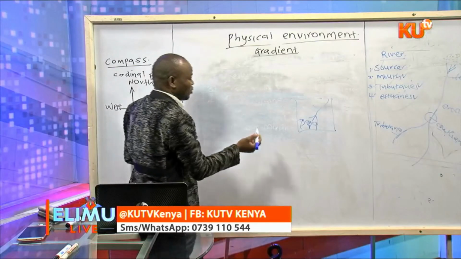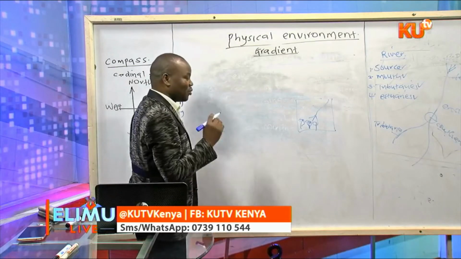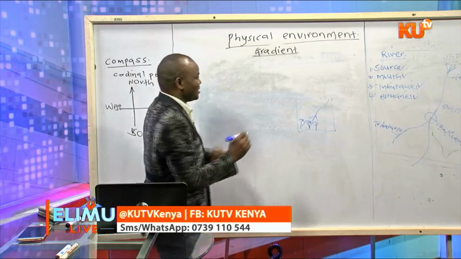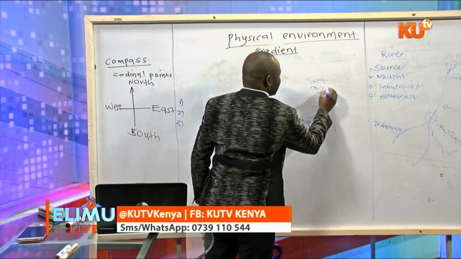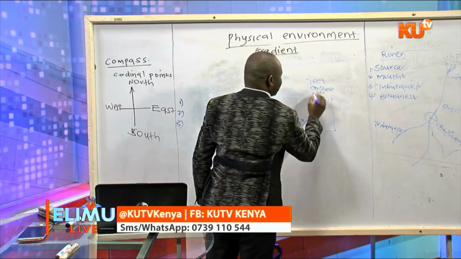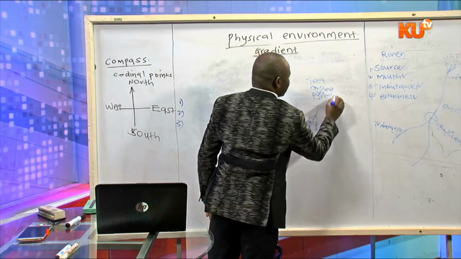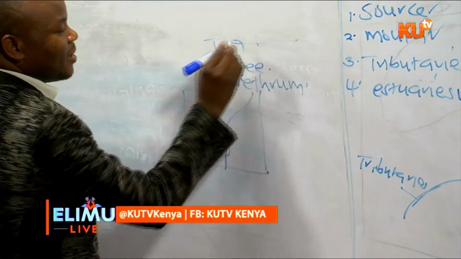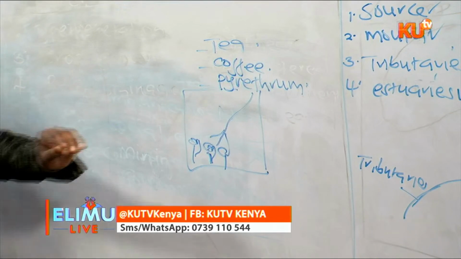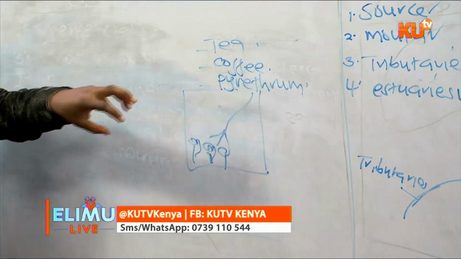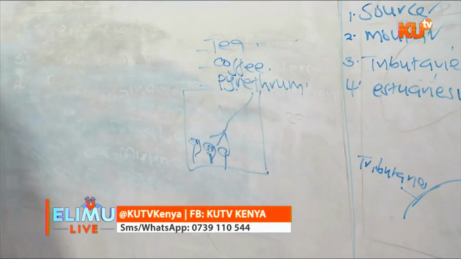Then you have the crops grown. The types of crops grown on the highest part are tea, maize, coffee, and pyrethrum. These are the major types of crops mostly grown in the highland part.